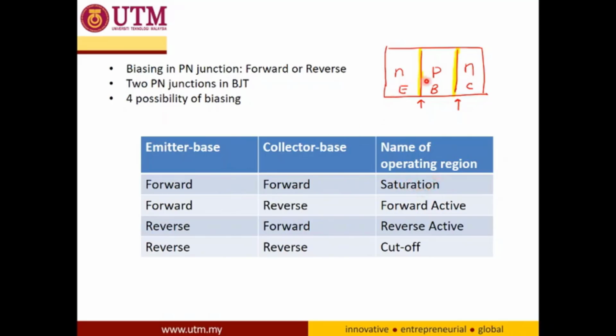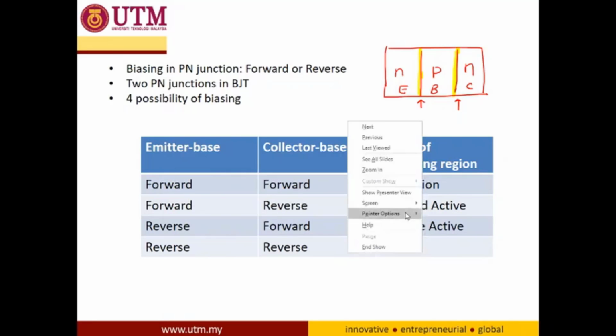If the emitter-base is forward biased and the collector-base is reverse biased, this is called the forward active operating region. If the emitter-base is reverse biased and the collector-base is forward biased, this is called reverse active. And if both are reverse biased, this is called cut-off.